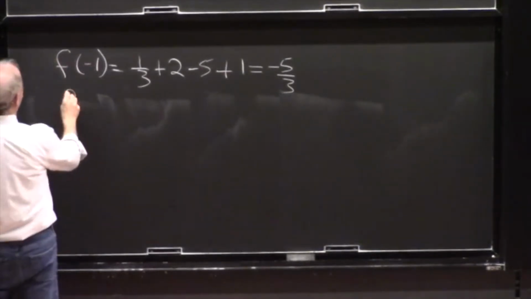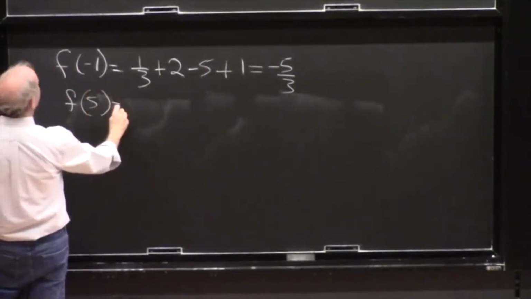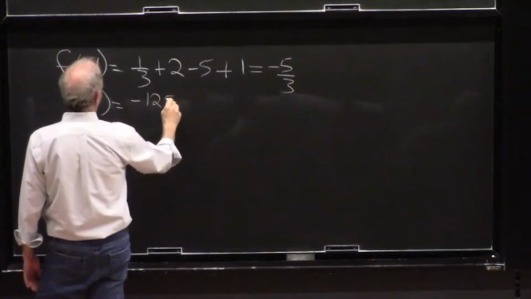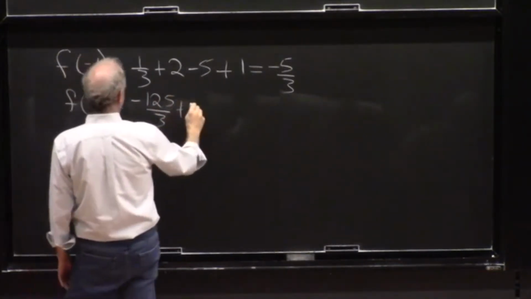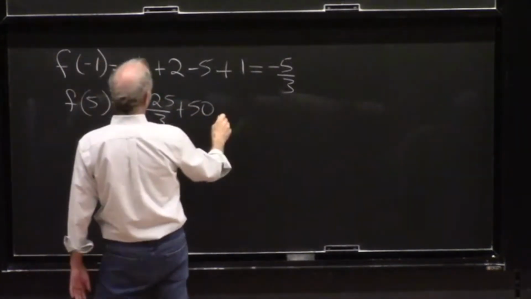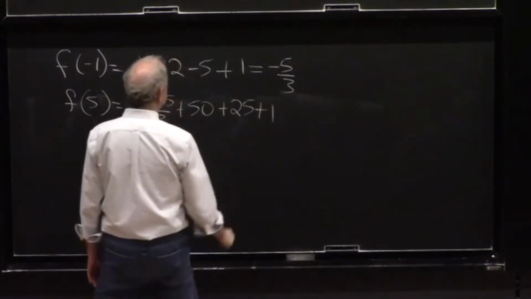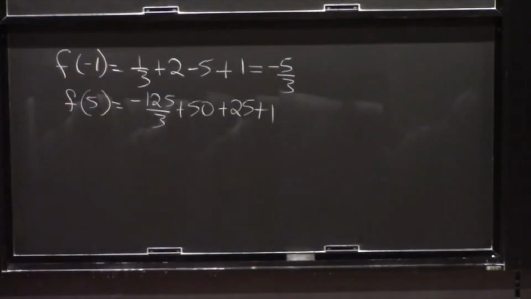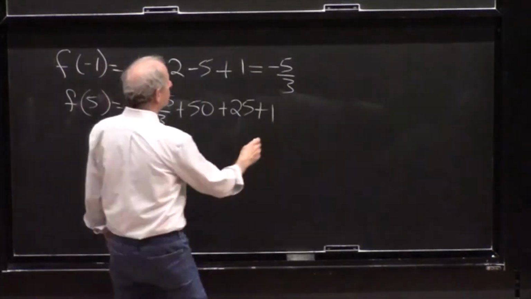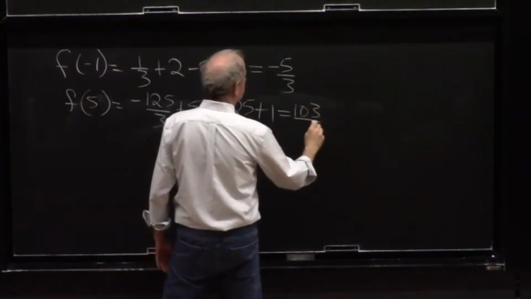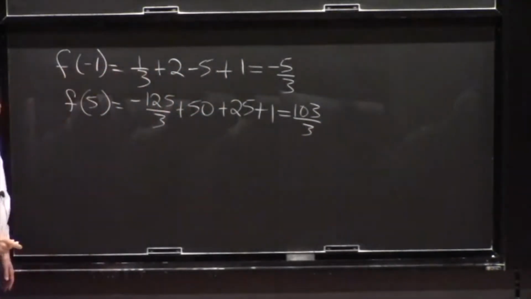And f of 5, it's going to be annoying, -125 thirds plus 50 plus 25 plus 1. So 76 thirds is 228 thirds. So it's 103 thirds. Did I get that one right? Yeah? All right, I'll trust you.